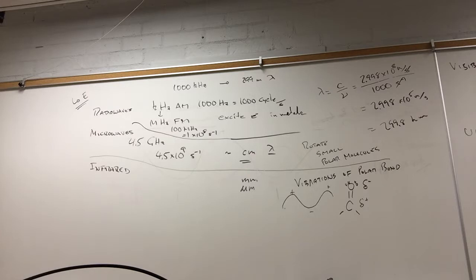When we excite the electrons, we don't necessarily break the bonds. With ultraviolet, we break bonds in matter. Then we get to X-ray and gamma ray. Both of these are called ionizing radiation.